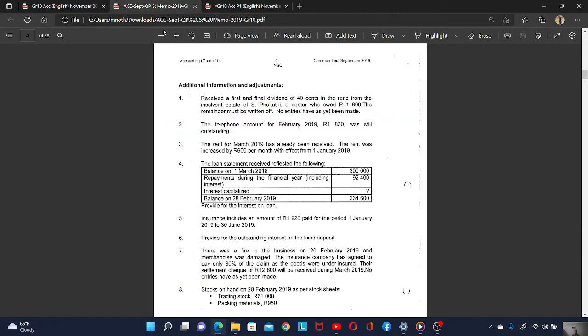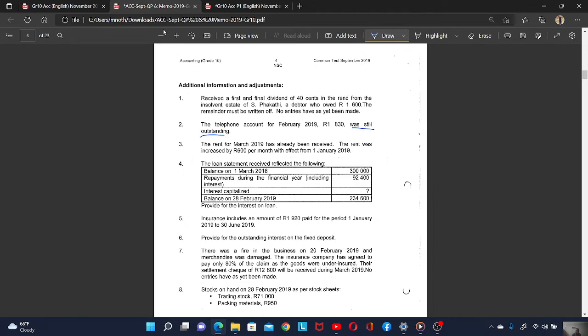Let's look at another one. The telephone account for February 2019, 1,808 was still outstanding. Once they say outstanding, you know that is an accrued.